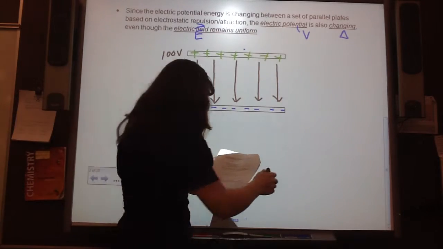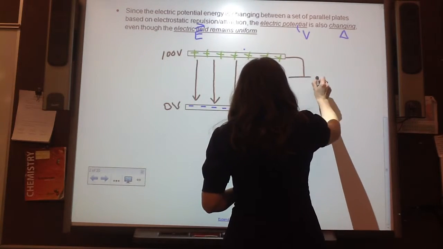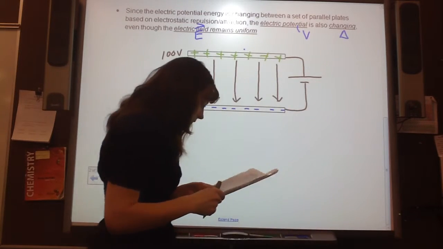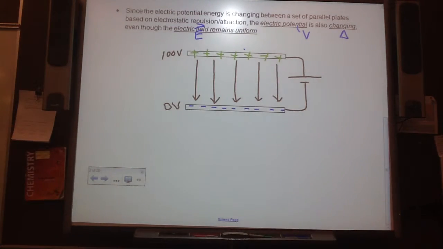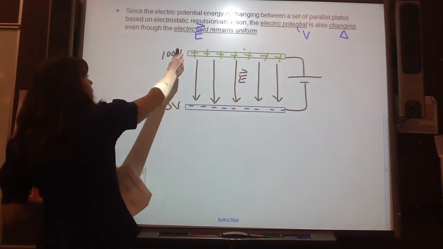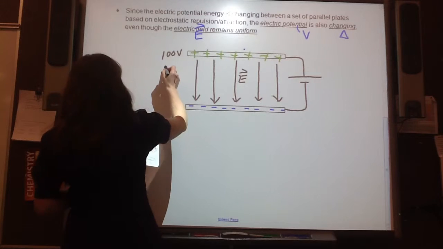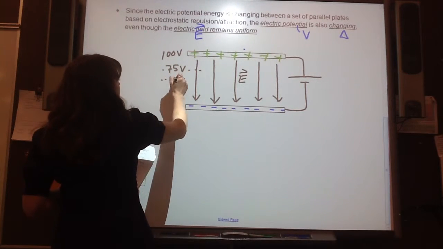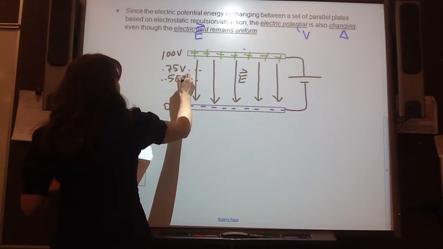Oh, and I should draw my battery in here too. Okay, so our electric field will stay the same, but our voltage can be different throughout. So say you go down, this would be like 75 volts. Right in the middle, we have 50, etc.